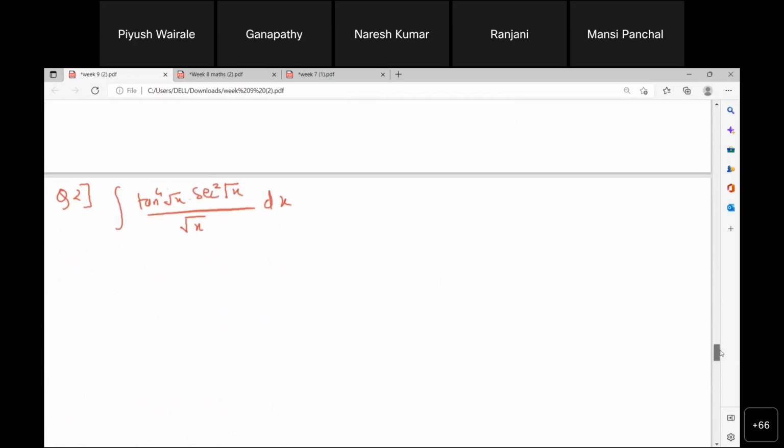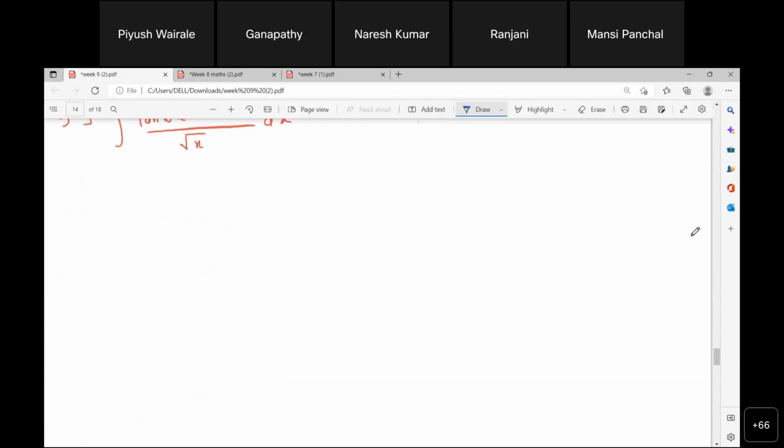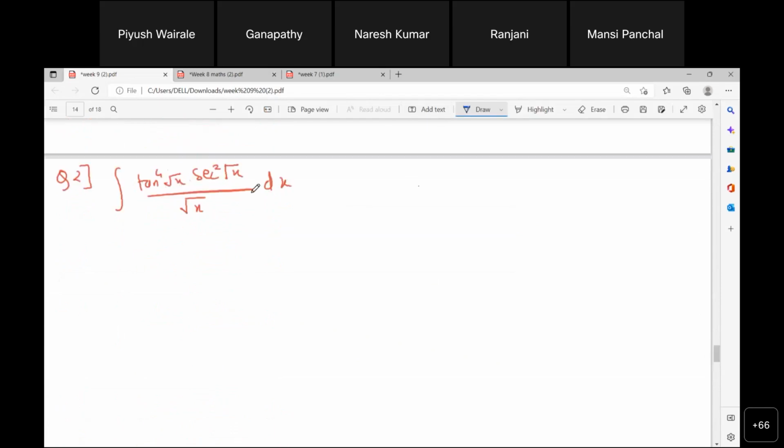Here is one example. Can you tell me what substitution I have to put here? I have to solve this integral by substitution method.